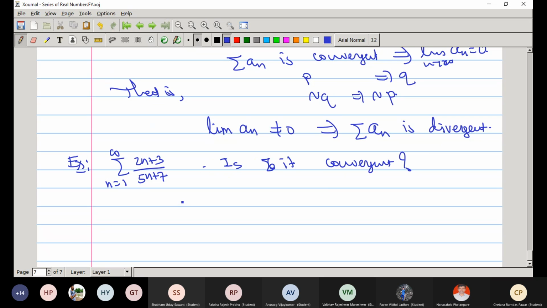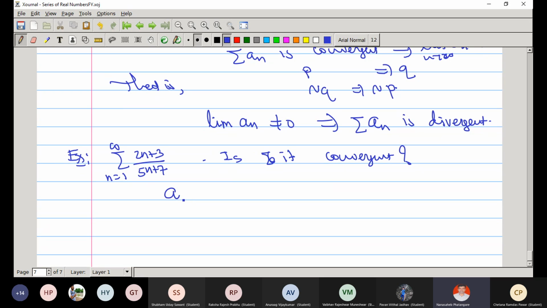My an here is 2n plus 3 upon 5n plus 7. This is my nth term of the series. I am not looking at the sequence at this instant. I just have to look at the term of the series and evaluate the limit. If the limit of an is not 0, definitely the series is divergent. Correct? So what is the limit of an?